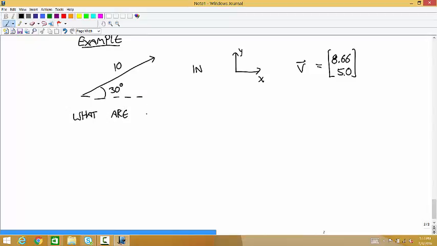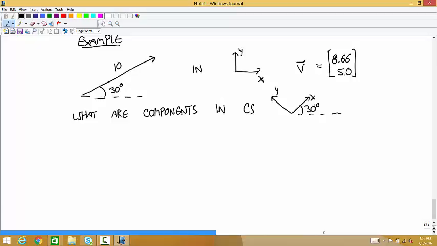What are the components of this vector in a coordinate system oriented like this, where that's the x-axis, that's the y-axis, and this angle's 30 degrees.